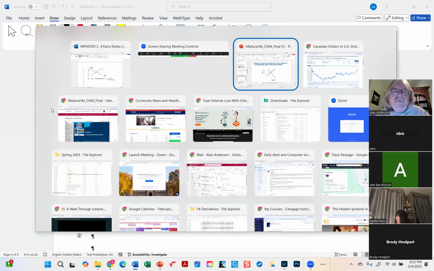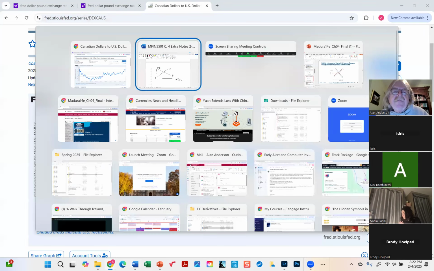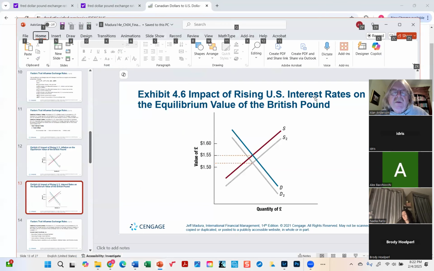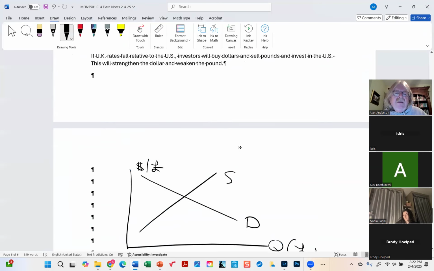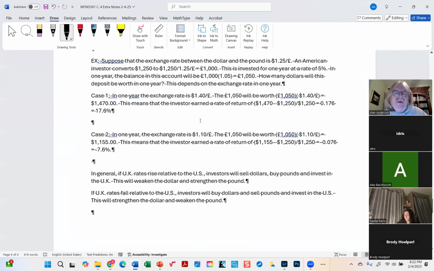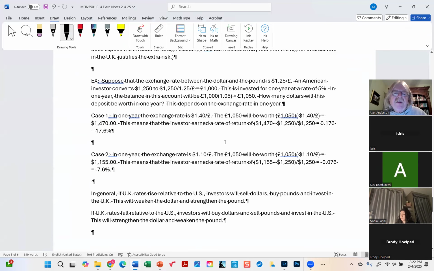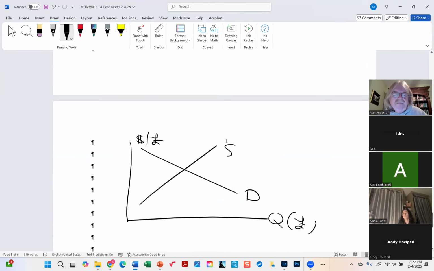So let's say that originally the equilibrium exchange rate was, let's stick with the numbers we have here. Initially, remember, the exchange rate was $1.25. So let's go with that one.